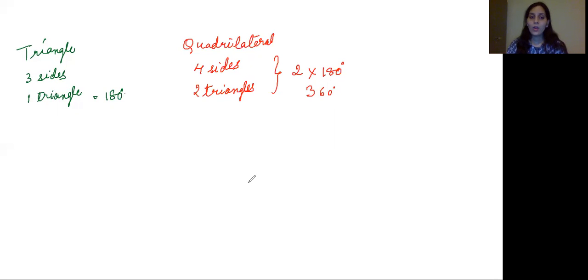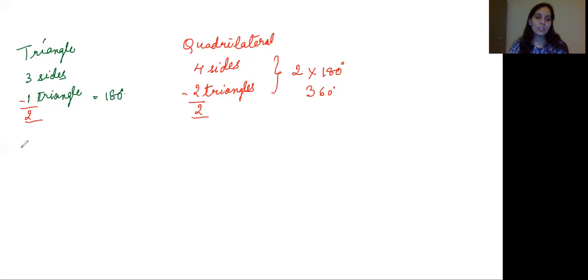And one more very important point: the difference between the sides and the triangles is always equal to 2. I'll give you more examples so that you'll feel more confident.